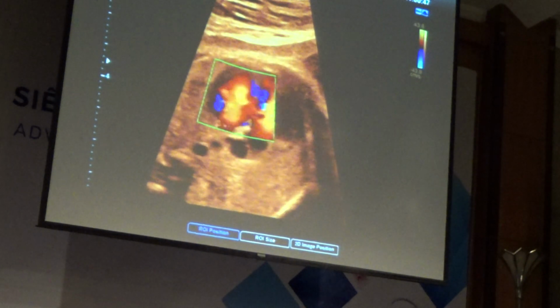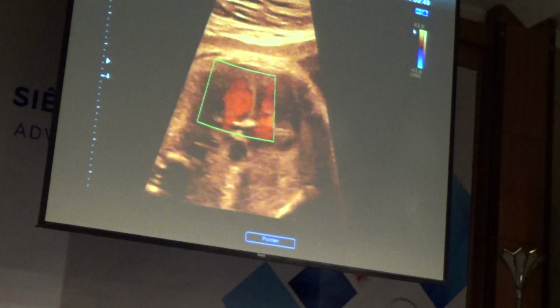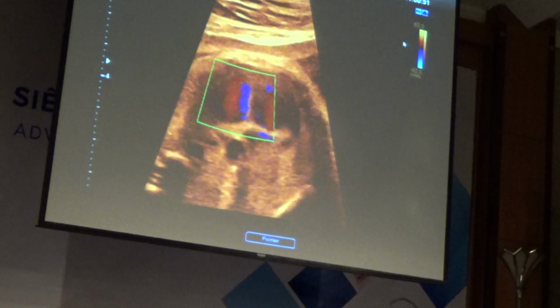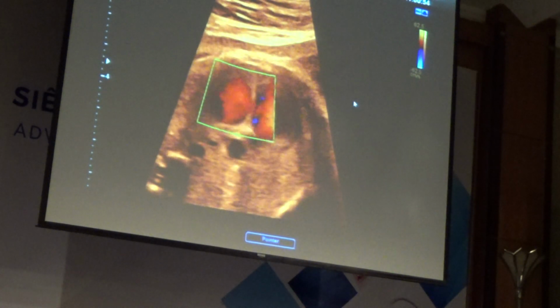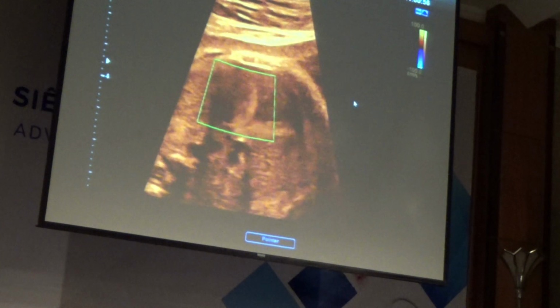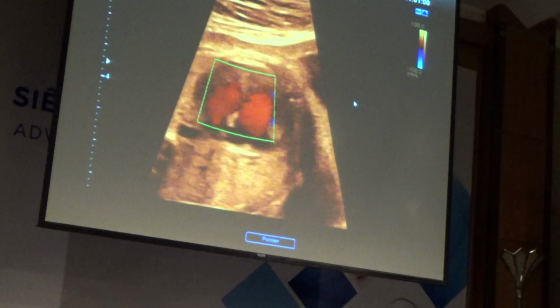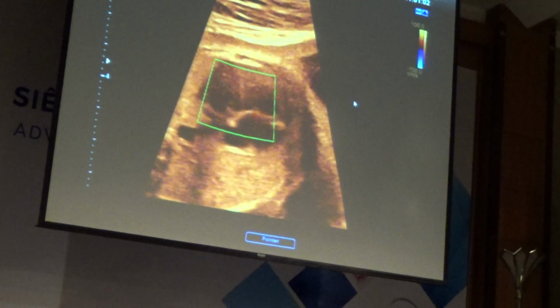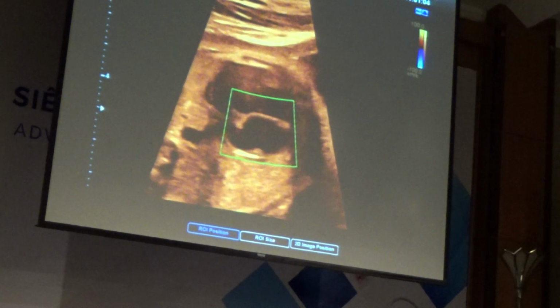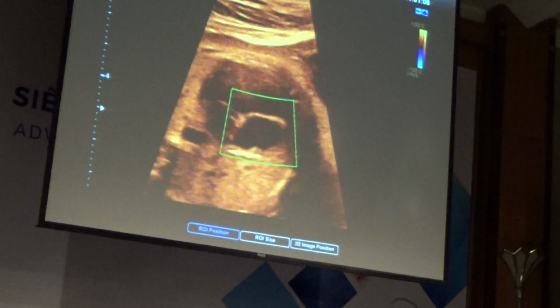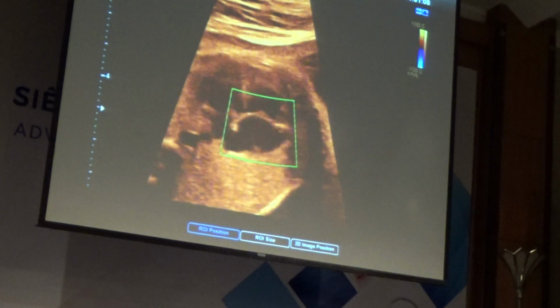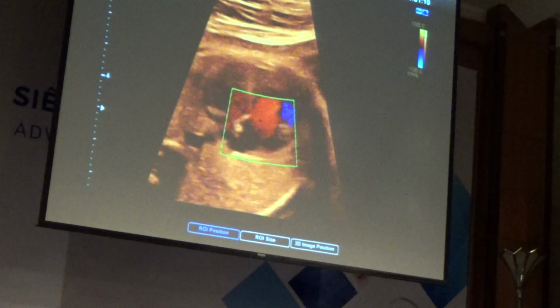Yeah, this up here. We want this all the way up for valvular regurgitation. So we're doing all the way up. Now you can see the color is very nice. And I put the gain way up.